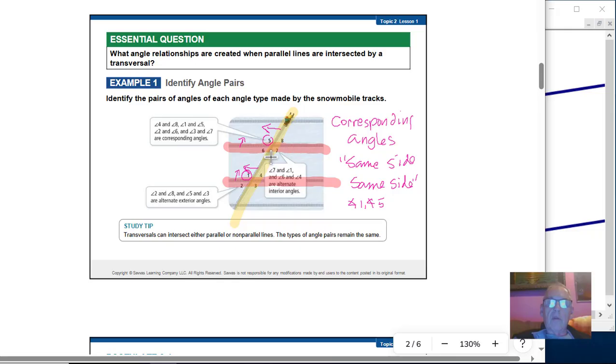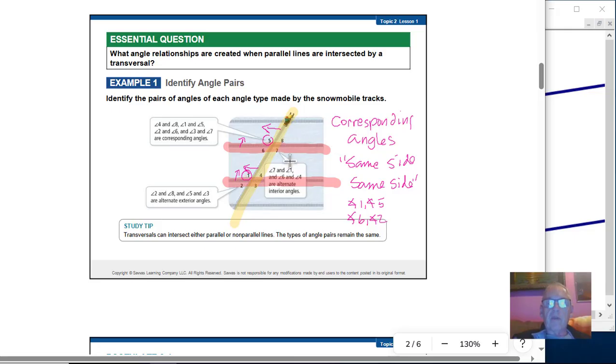Similarly, we could do the same thing with angle 6 and angle 2. These would both be to the left and below. So 6 is to the left of the transversal below one of the parallel lines. Angle 2 is to the left and below. So angle 6 and angle 2 would be another pair of corresponding angles.